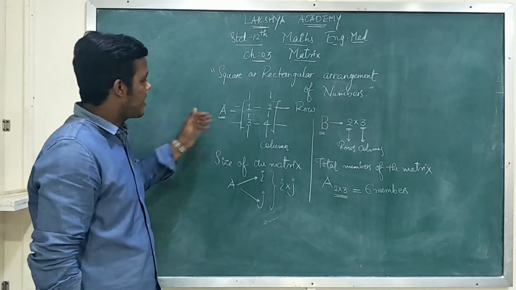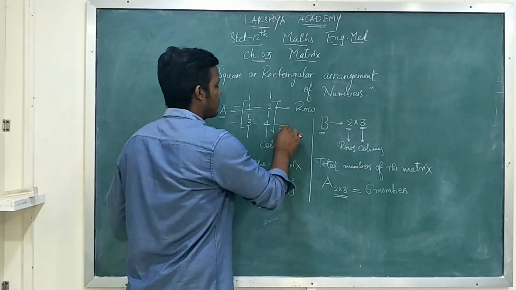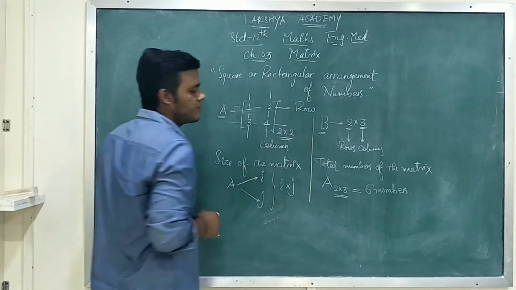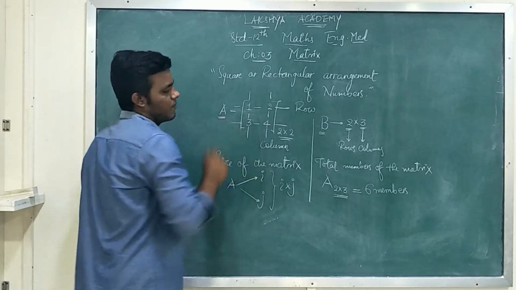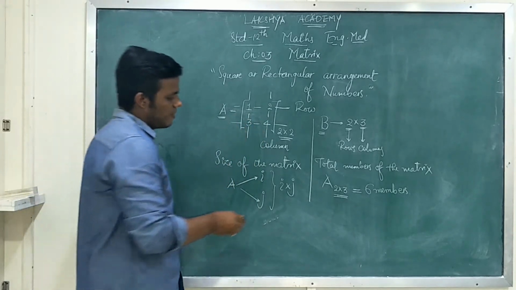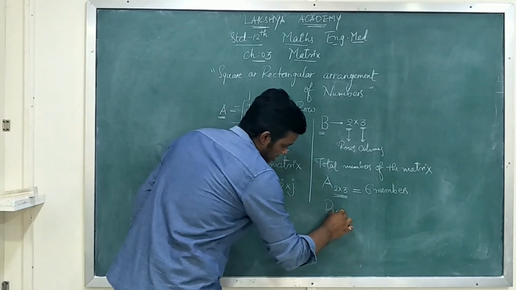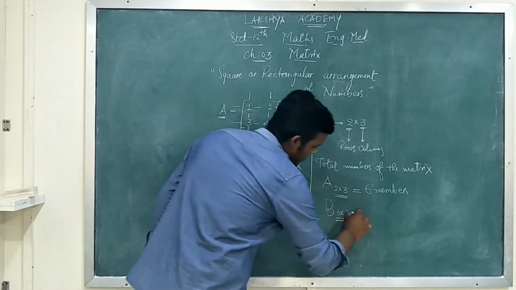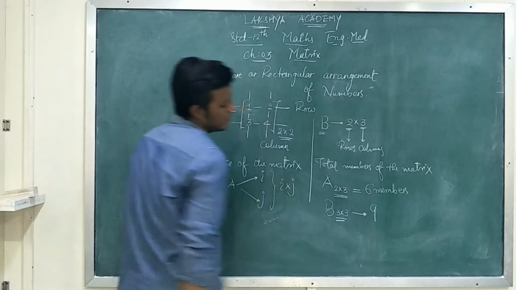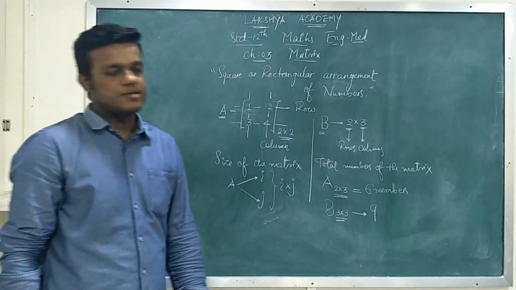Suppose matrix A is of size 2 cross 2, then it will have a total of 4 members, 1, 2, 3, 4. If I tell you matrix B is of size 3 cross 3, then it will have a total of 9 members, right?